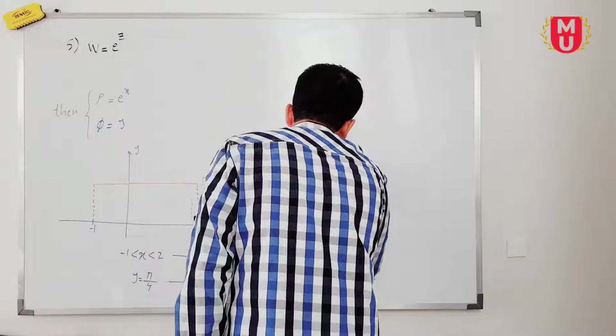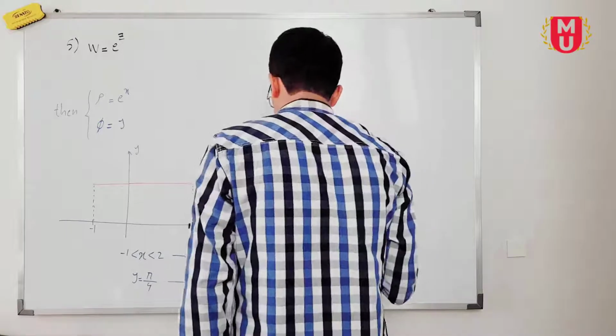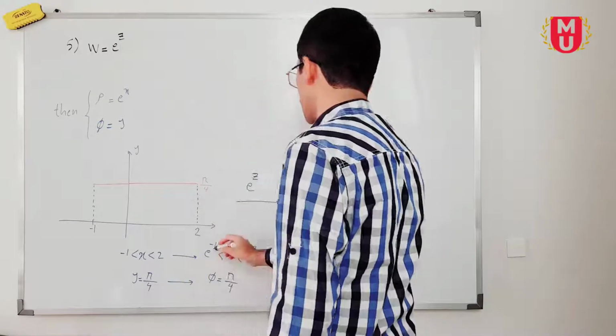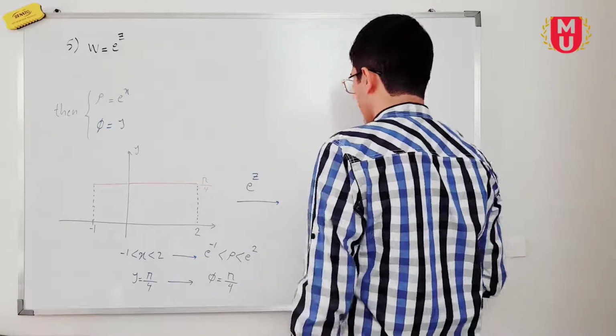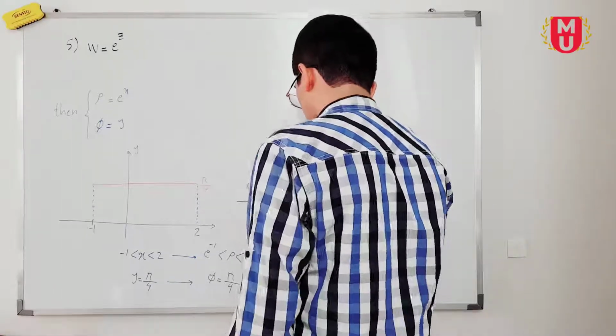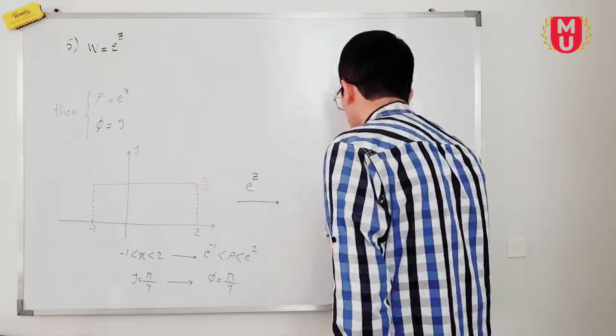We draw another graph in the converted region. This is 1 over e, and this is e to the 2. We firstly draw the angle.